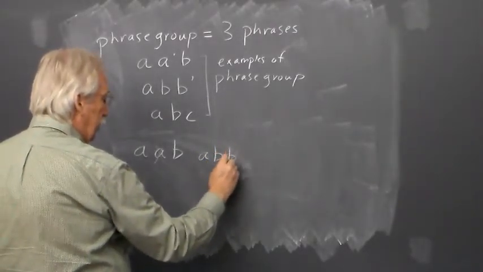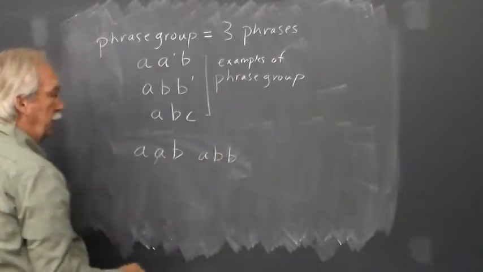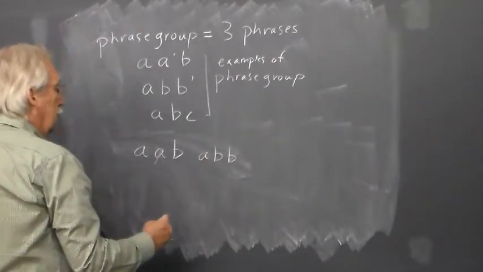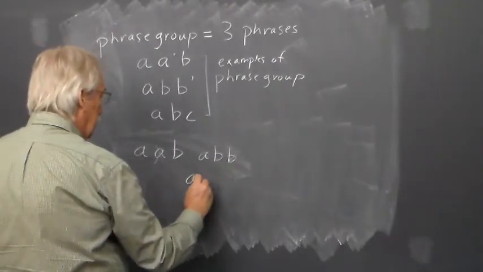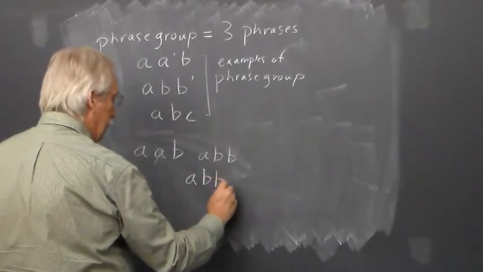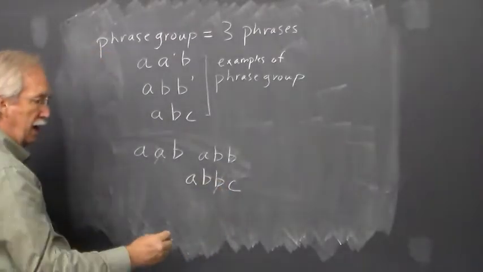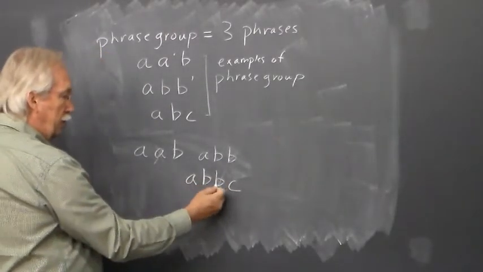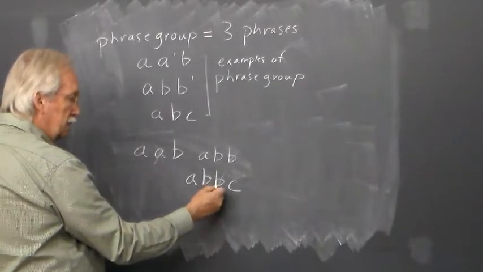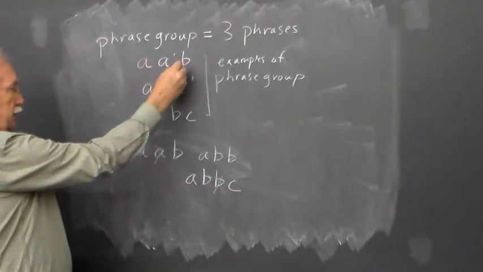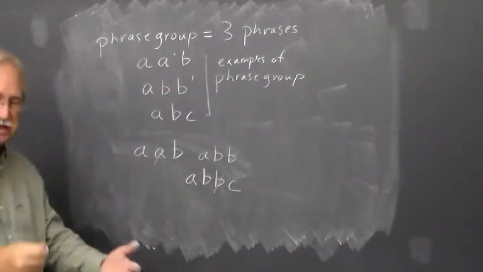This would be an example of a contrasting period with a repeated consequent phrase. And this would be an example of a phrase group with a repeated second phrase. So with phrase groups, you just call first, second, third phrase. You don't have the term antecedent and consequent.